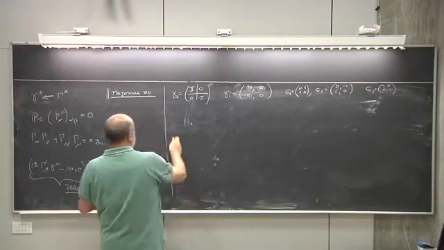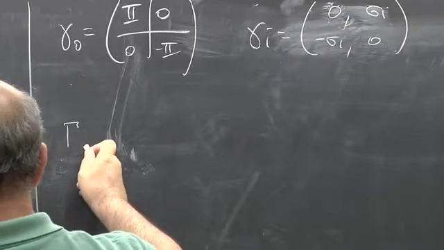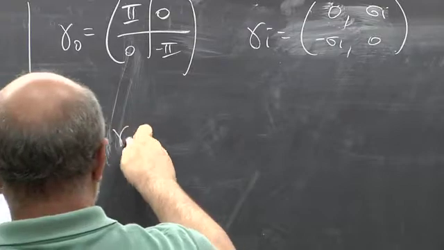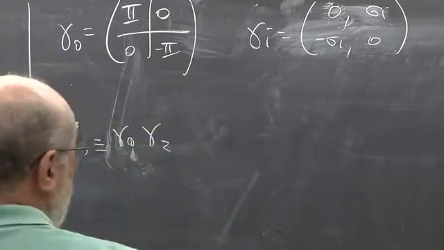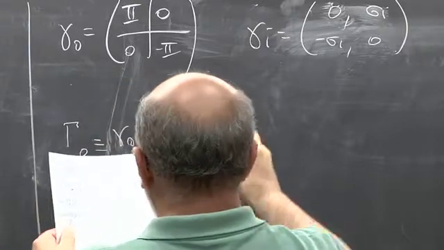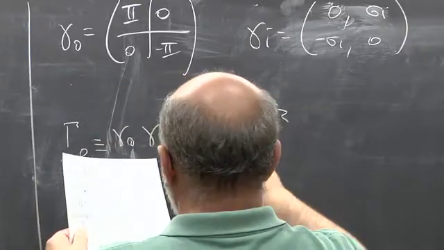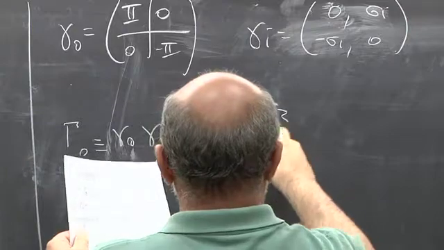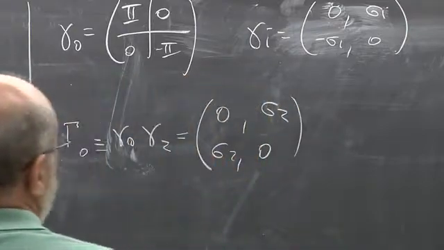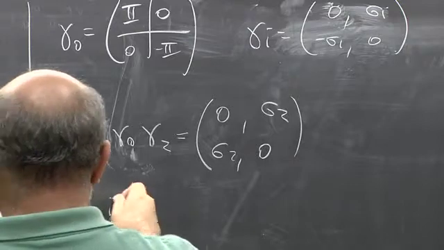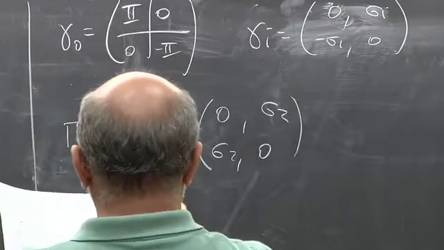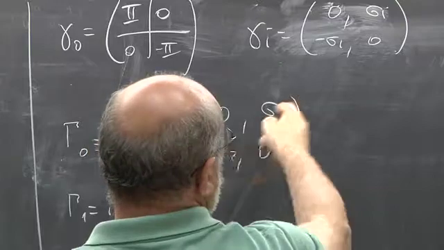The Majorana ones, I build them in this manner. Gamma 0 equals gamma 0 gamma 2. So this is the definition of the gamma 0 of Majorana, and you get 0, sigma 2, and so on. The gamma 1 is i gamma 0 gamma, and you see that this is purely imaginary.